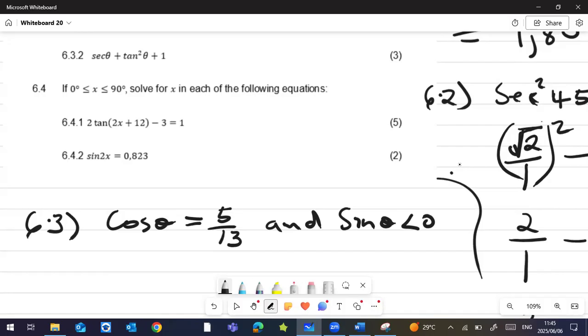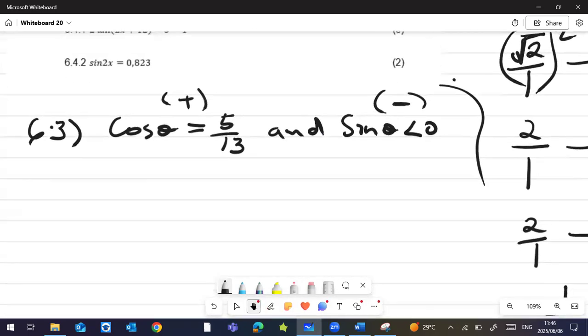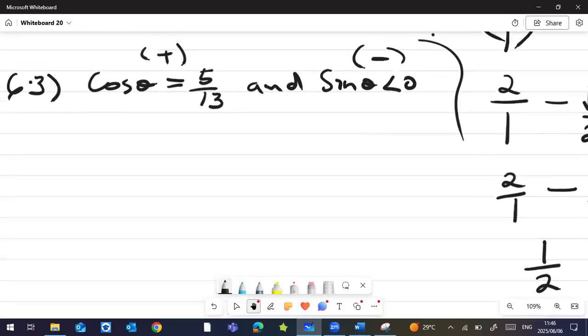Looking at this question, look at your cos. Cos theta is that 5/13, positive 5 divided by positive 13. So the ratio is positive. And we are also told that sine theta is less than 0. Less than 0 means negative. So we want a quadrant where cos is positive and sine is negative. So it means you must know your CAST diagram. In which quadrant would you find cos to be positive and sine to be negative?